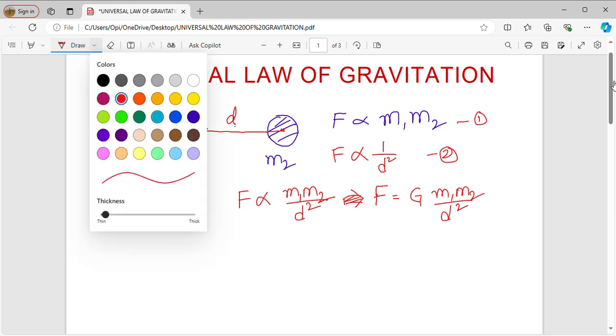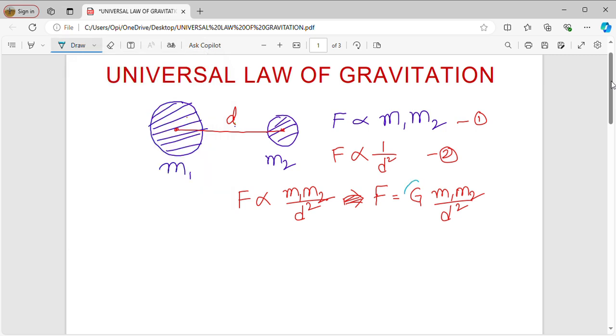So this constant is G. This constant, which is the constant of proportionality, is called the universal gravitational constant. As we are saying it is a constant, it has to have a certain value.